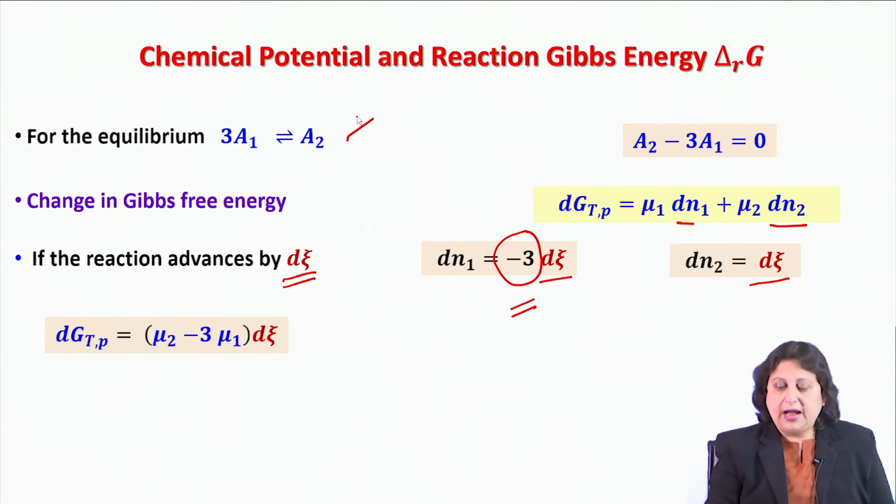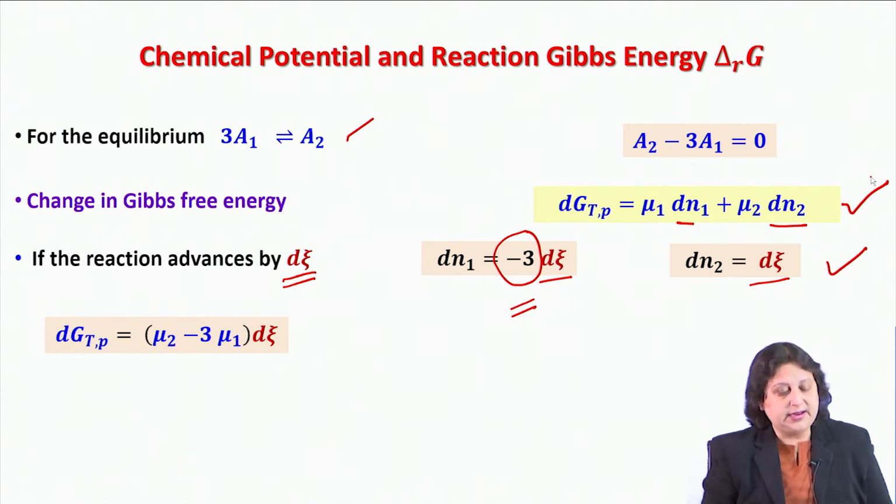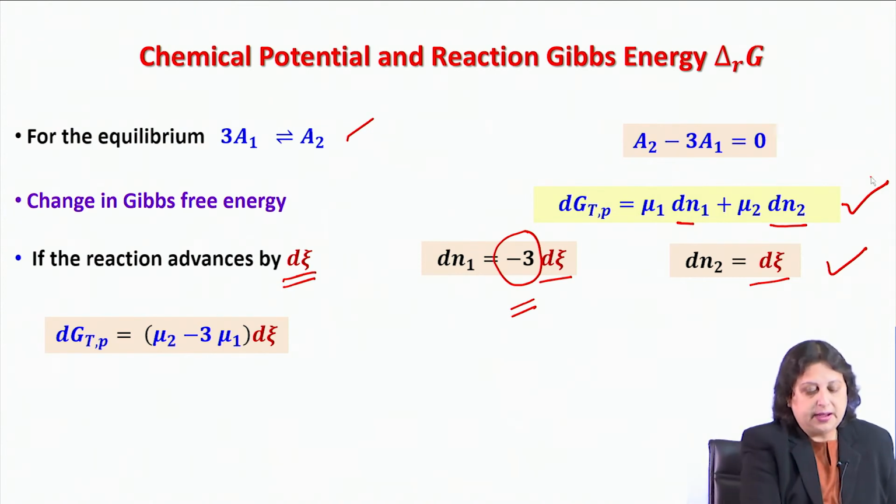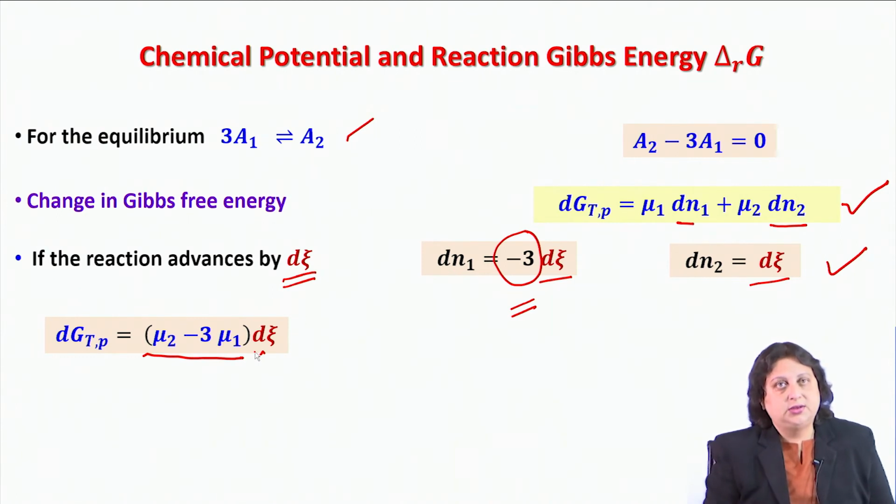And therefore, I can combine these two relations now and write dG at constant T and P is going to be (mu2 minus 3 mu1) into d xi. So can I now get the reaction Gibbs energy?